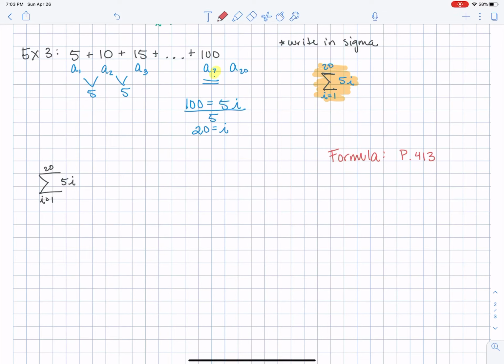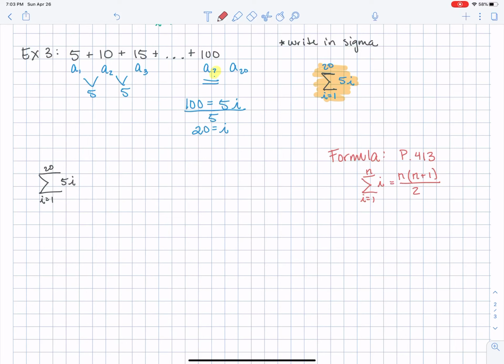If you're starting at 1 and you have i in the middle, going to your nth term, you can take your n, whatever term you're going to, and multiply it by n plus 1 over 2. So you can actually use this formula.